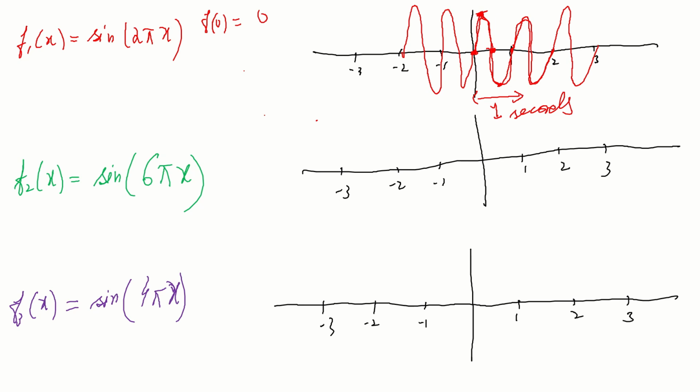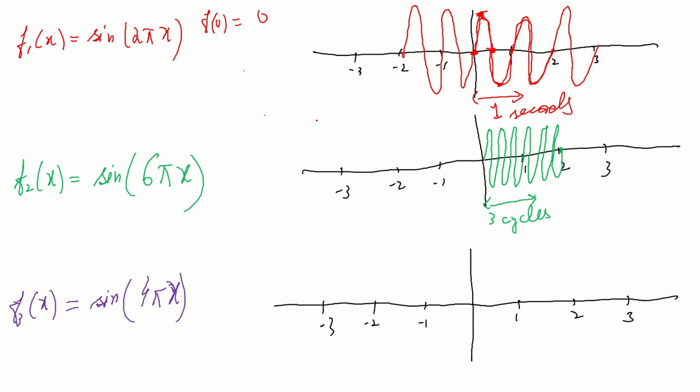Likewise, if we plot the second function, we obtain a graph like this. It also repeats itself, but the repetition of the cycle is faster than that of the first function. f2 completes 3 cycles in 1 second or in 1 unit of time.